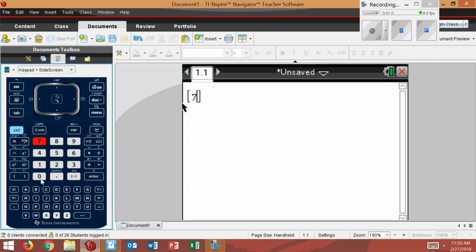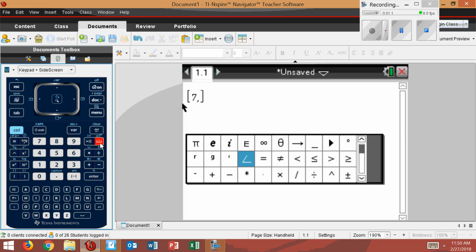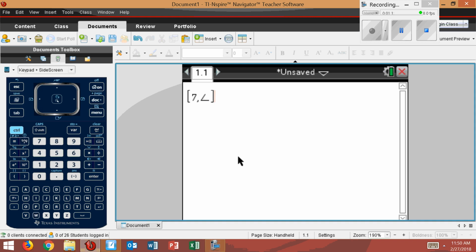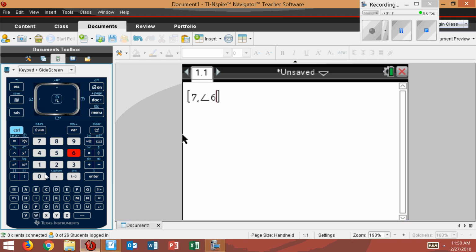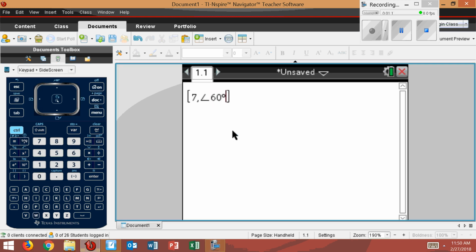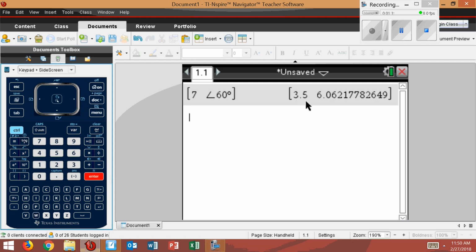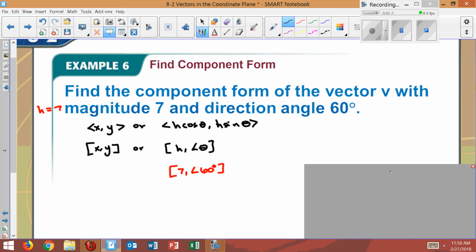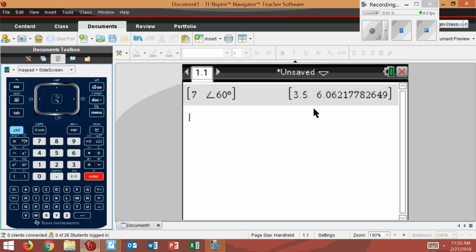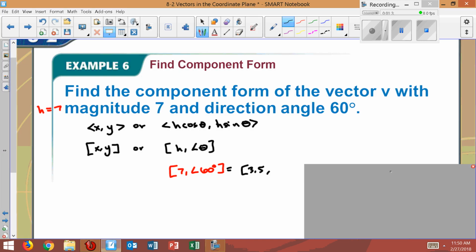I type in my magnitude is 7, comma, angle, which is Control book, 60 degrees. Make sure you hit the degree symbol. Press Enter. This is my x value, this is my y value. I get 3.5, comma, 6.06.